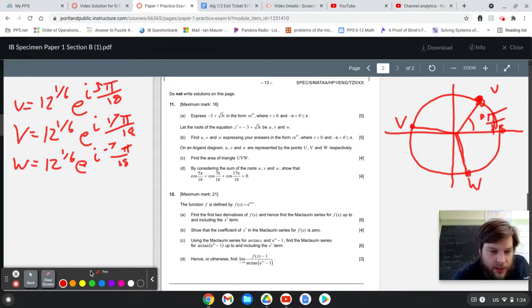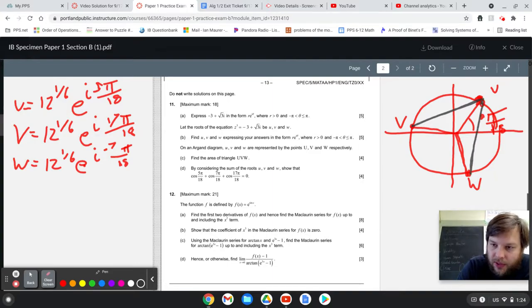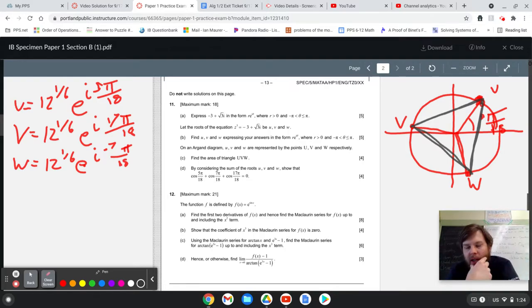I will now, in a different color, draw the triangle UVW. Let's just do black to connect them. What you should notice is that because these are 3 points on the circle, they're all the same distance from the center. This is an equilateral triangle.